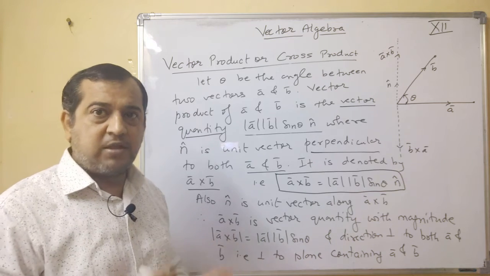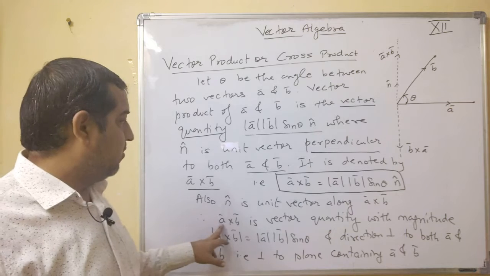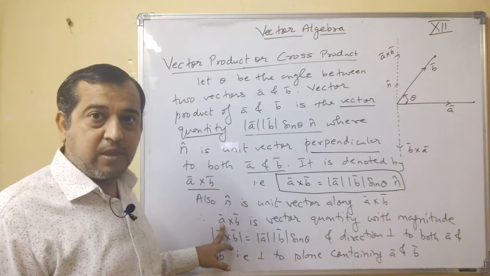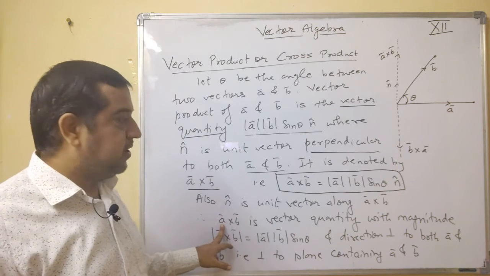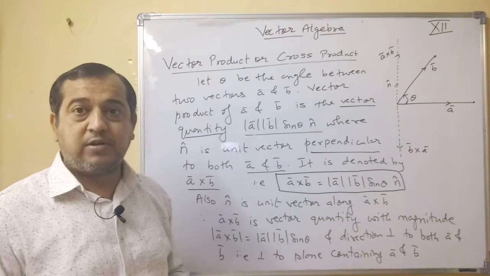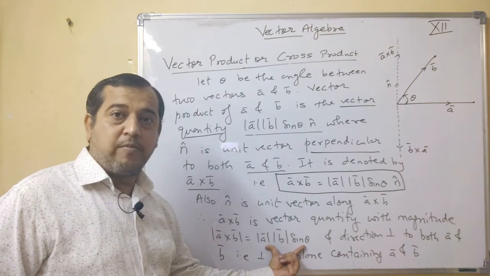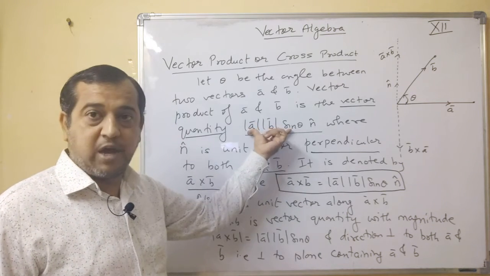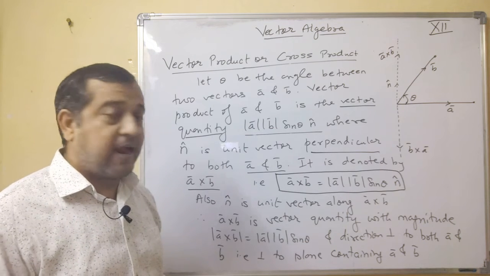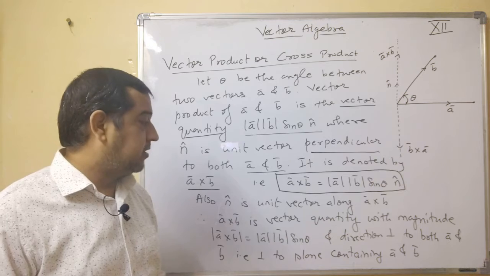By this we can say that n cap is a unit vector along vector A cross vector B. This is a vector quantity because it is a vector product, having magnitude mod A mod B sin theta, which I just told you here, and direction which is perpendicular to both vector A and vector B.